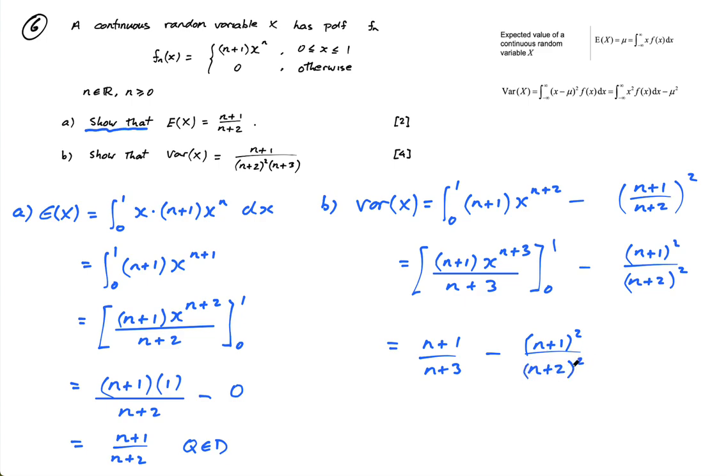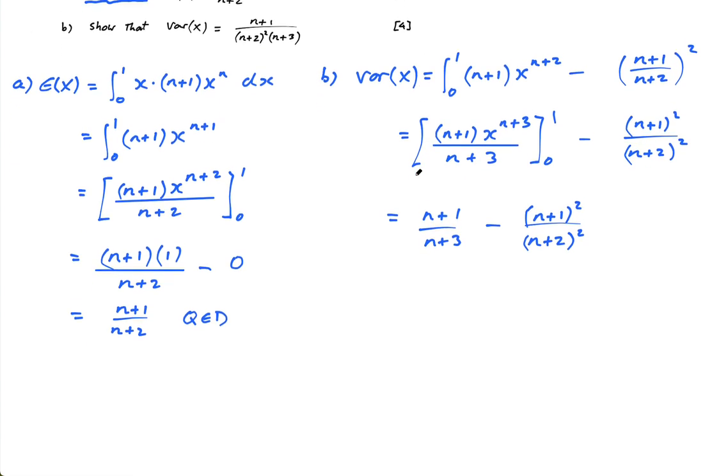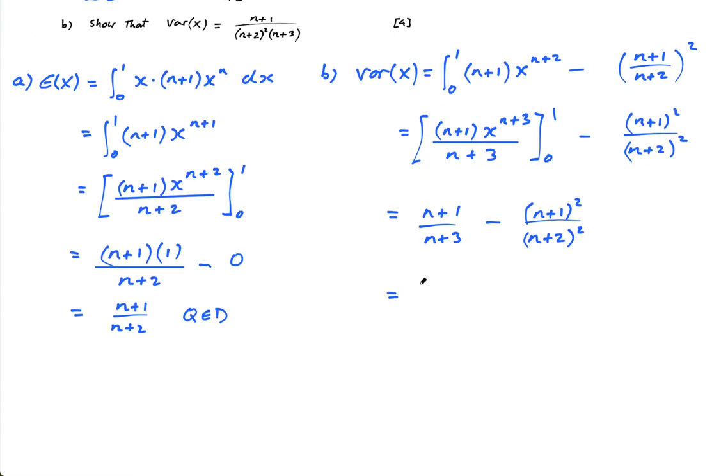And now I just need to turn this into this. I think, well, it's not that straightforward, but at least I know where I'm going. So the denominator is going to be n plus 3 times n plus 2 squared. That's fine because that's my two denominators anyway.